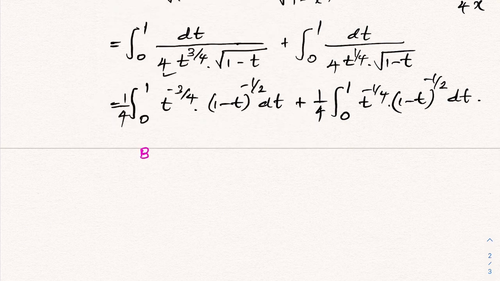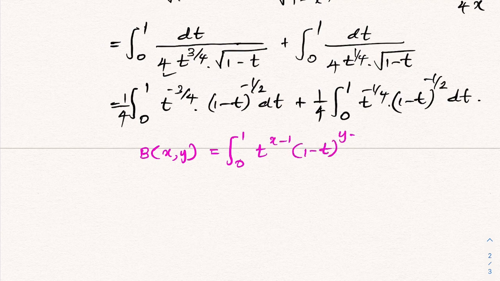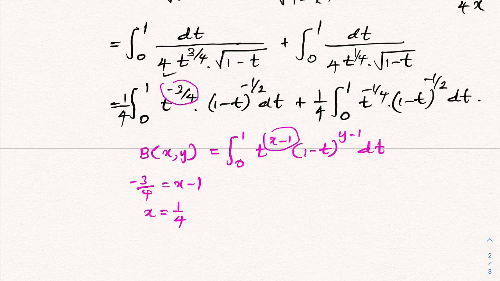We know beta of x, y is equal to the integral from 0 to 1 of t to the x minus 1 times 1 minus t to the y minus 1 dt. Now we can find the x and y. So minus 3 over 4 is equal to x minus 1, and if you isolate x, we know x is equal to 1 over 4. Then minus 1 half is equal to y minus 1.